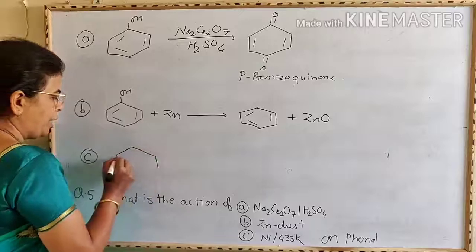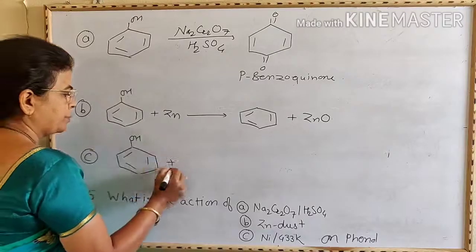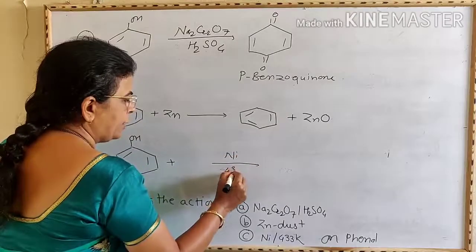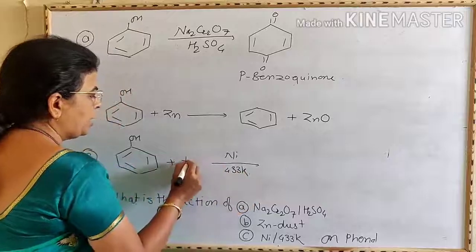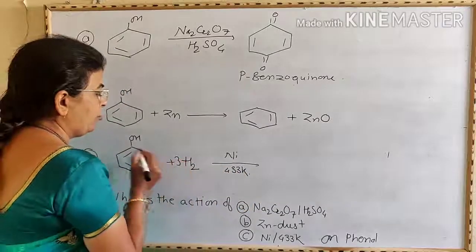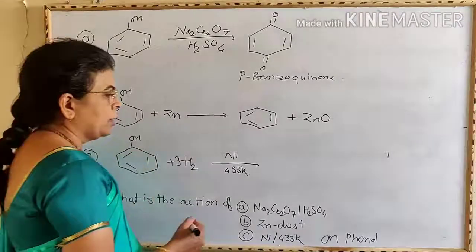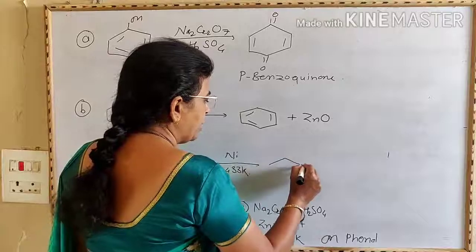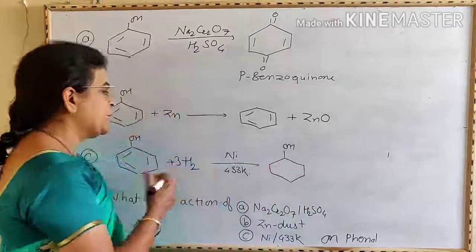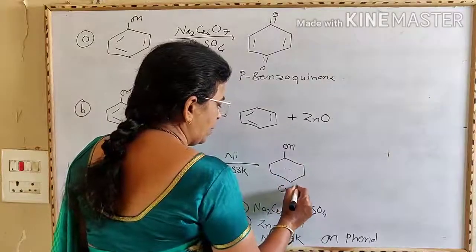Now when phenol is treated with nickel at 433 Kelvin temperature, it undergoes hydrogenation, that is, addition of hydrogen molecules takes place across the double bonds of this phenol and we get cyclohexanol. That is, unsaturated benzene is converted into saturated cyclohexanol.